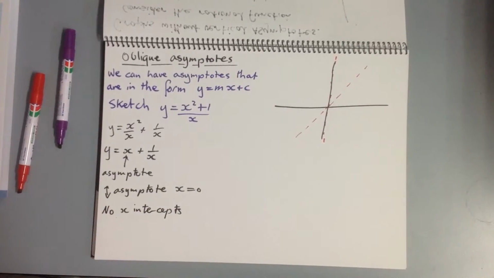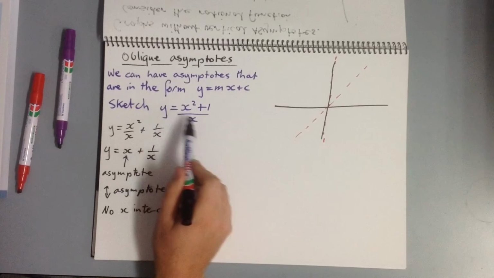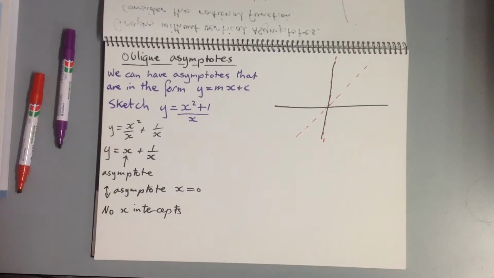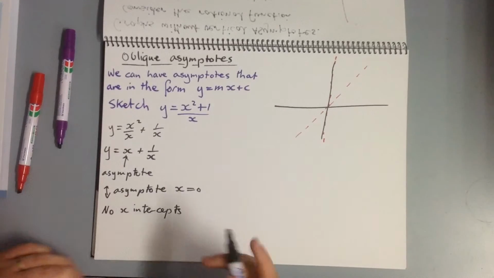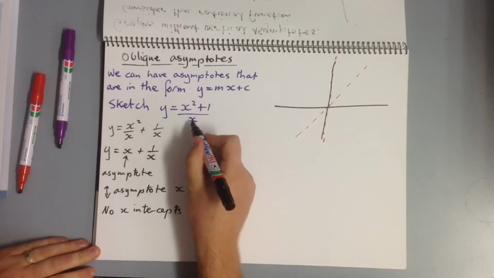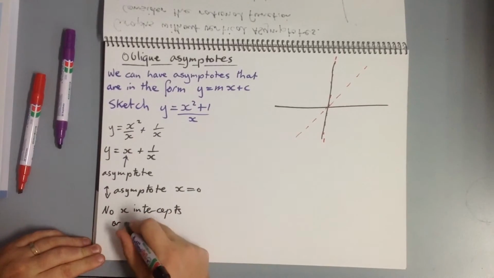No, sorry, that was the wrong way around. For our x-intercept, that's when y equals 0, but when y equals 0, we bring this across, multiply 0 by x, it disappears, but x squared plus 1 has no real solution. And again, for our y-intercept, it's when x is equal to 0 and we know that we can't have it. So we have no x-intercepts or y-intercepts.